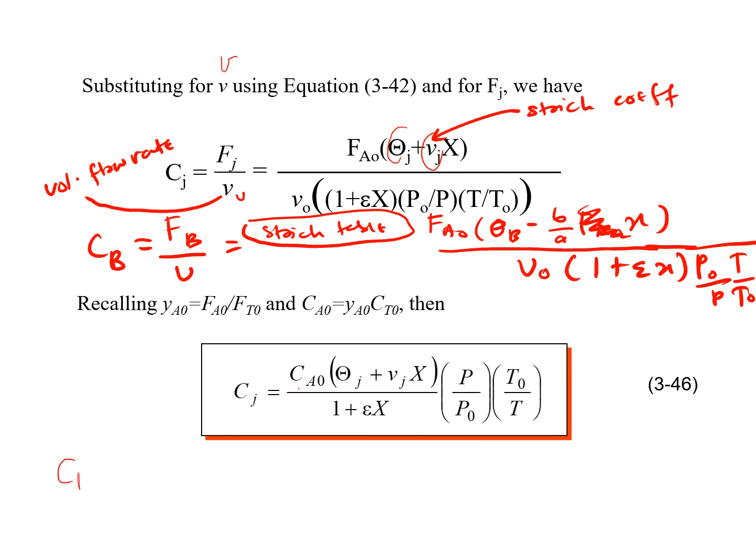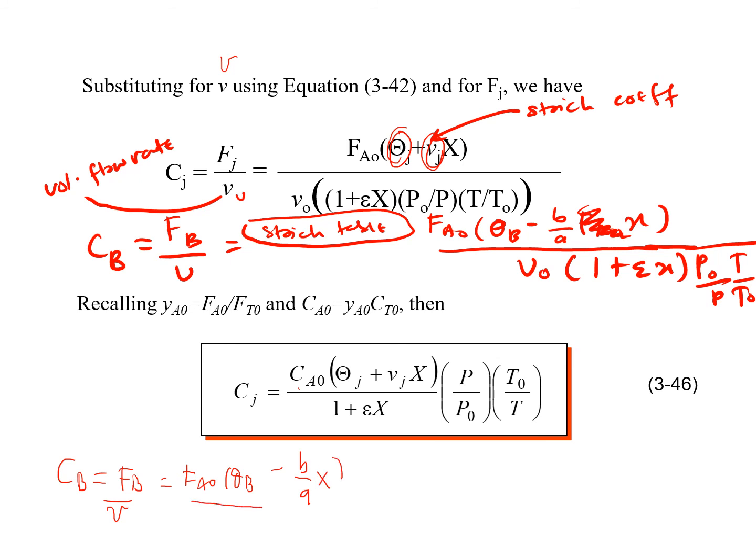So CB equals FB over V. From here, what is FB? FB you actually get from the stoichiometric table, which is FA0 times theta B minus b over a times X. You follow the same form, you just change the j, and the vj depends on which species you change it to.